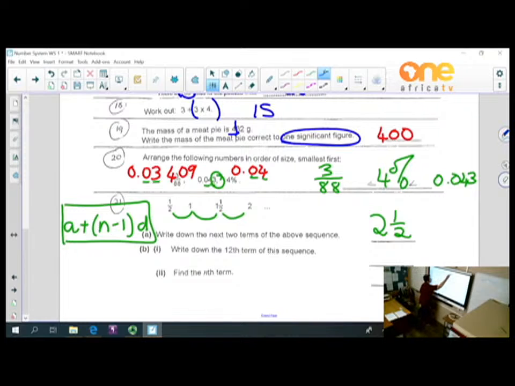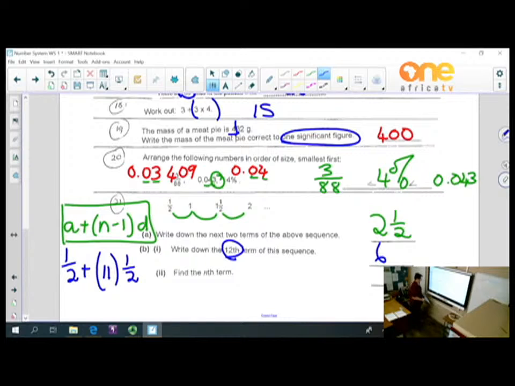What is A? What is the first term? A half. Plus, now we want the 12th term. 12 minus 1 is 11. And what is the common difference? Also a half. So it is a half of 11 plus a half, and that gives me 6.